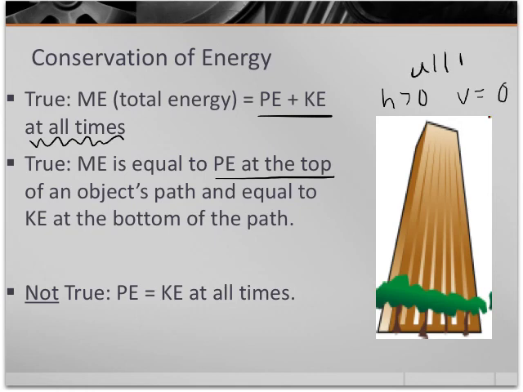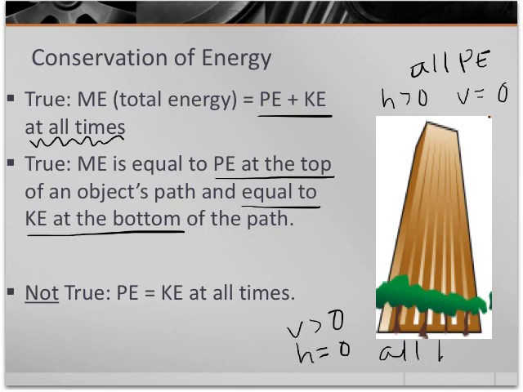So it's all PE. Whereas at the bottom, your mechanical energy is equal to kinetic energy. And that's because here, your velocity is greater than 0, but your height is equal to 0, so it's all KE.